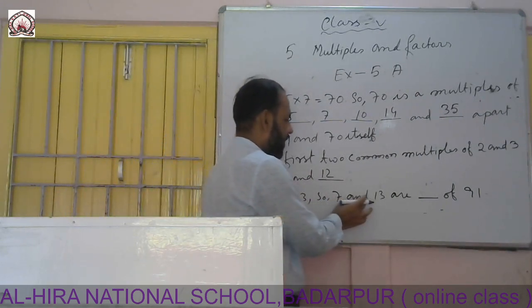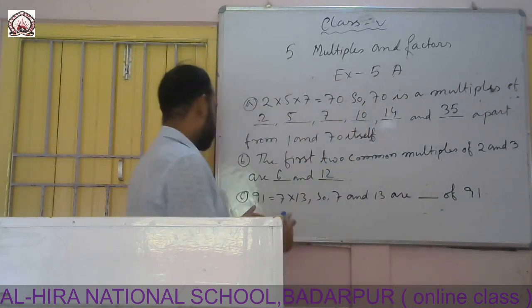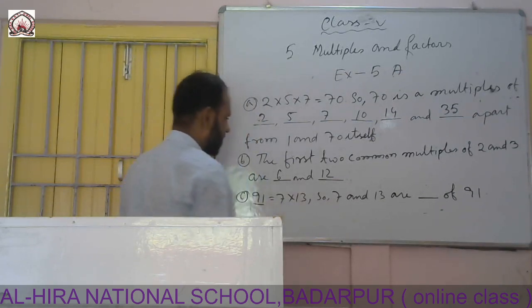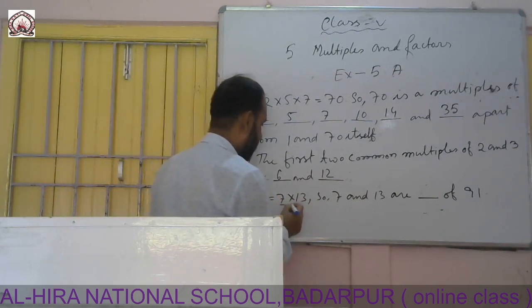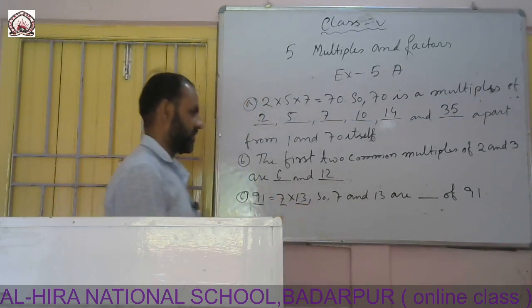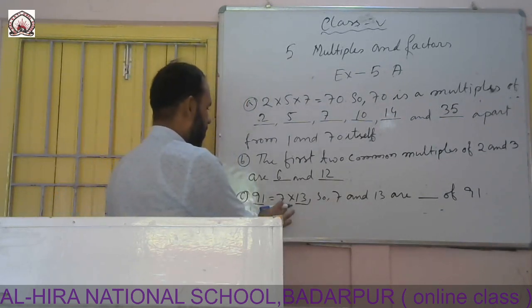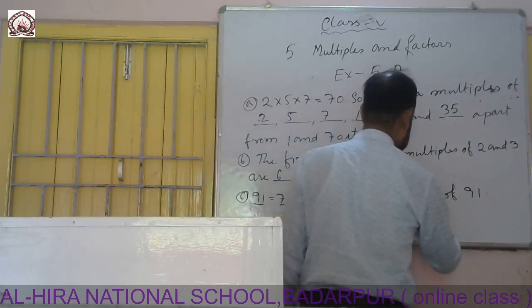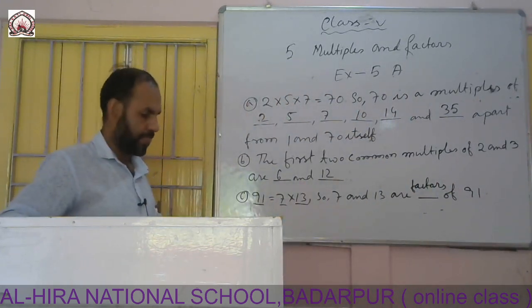So 7 and 13 are dash of 91. So here 91 is the multiple and 7 and 13 are factors. So 7 and 13 are the factors of 91.